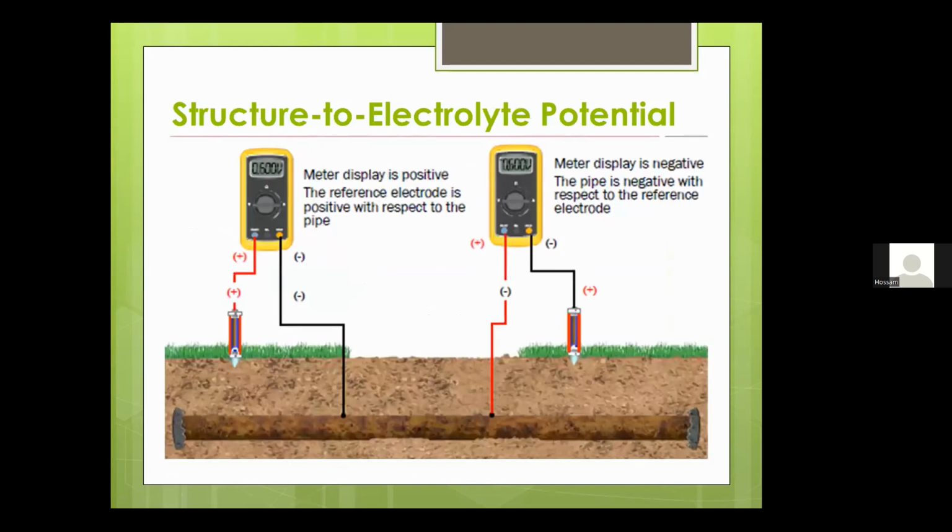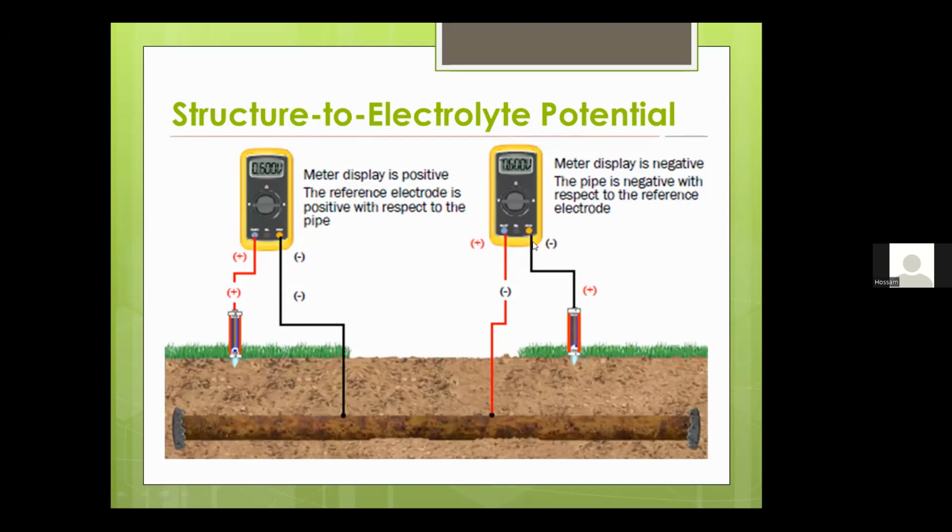We should pay attention to the polarity and the connection when taking structure to electrolyte potential. If we connect the reference electrode to the positive terminal of the meter and the negative terminal of the meter to the pipeline, and the meter shows a positive reading, what does that mean? That means the reference electrode is positive with respect to the pipe.